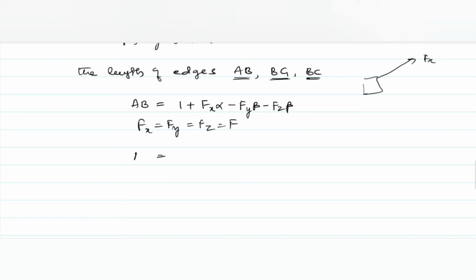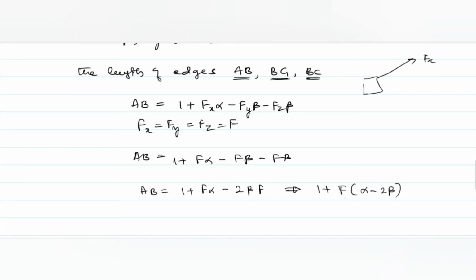So then AB becomes 1 plus f of alpha minus f of beta minus f of beta. Therefore the equation becomes AB equals 1 plus f of alpha minus 2 beta into f. Otherwise we can write this equation as 1 plus f outside, then alpha minus 2 beta. This is the elongation in the AB direction.